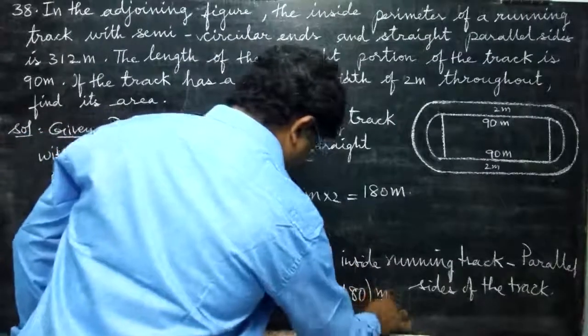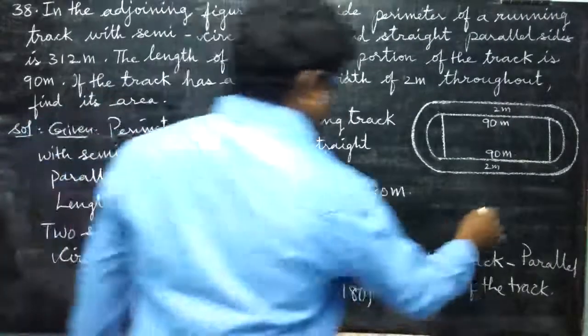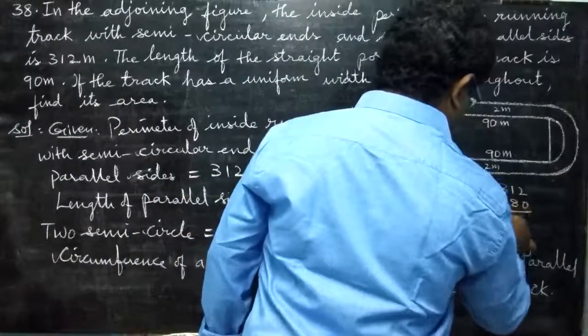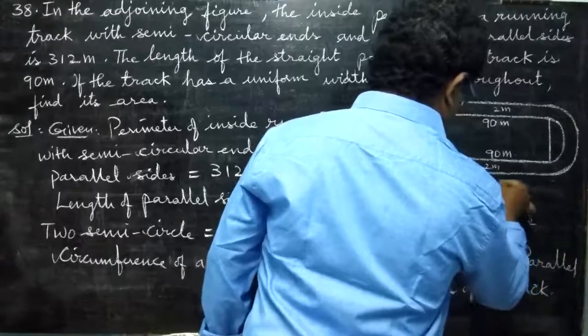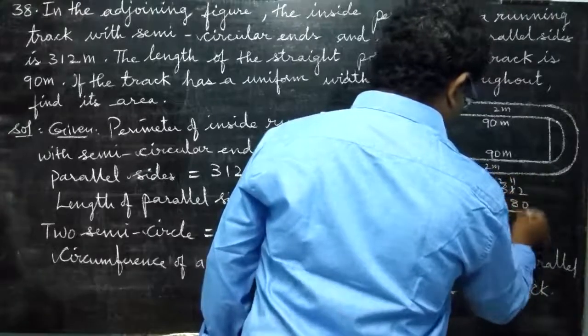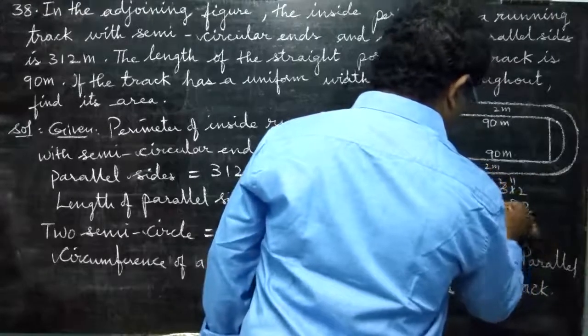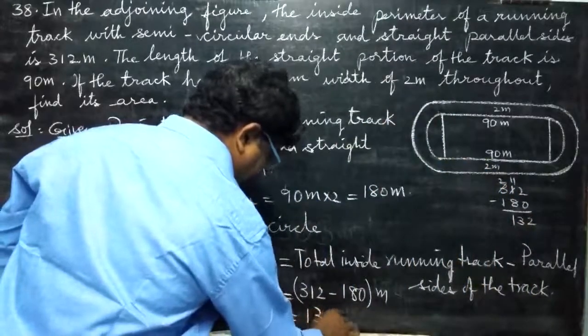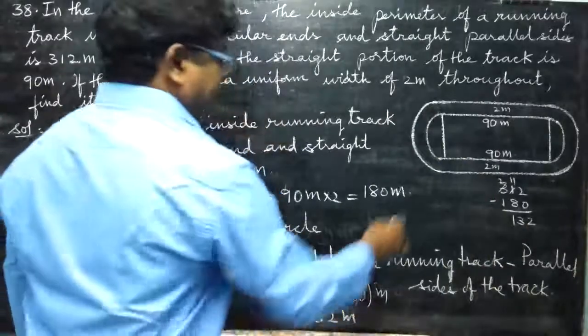Subtract, how much you get, 312 minus 180. Subtract, here 2 will be there, 11 minus 8 is 3 and 2 minus 1 is 1. 132 meters.